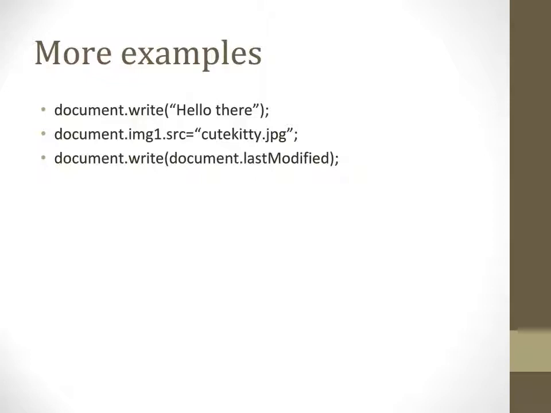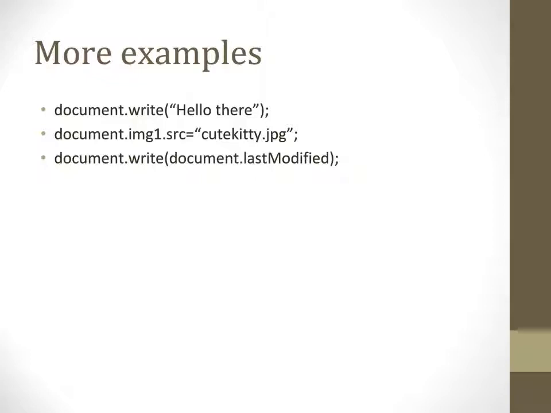Now a lot of times you'll retrieve text and change text programmatically. Very rarely will you write just a statement. So the second example is saying go to the document, find an image named image1, and set the source to cute kitty. Now you're also going, well, why would you want to do this? Come on now, let's just use HTML to write the image source and have it be done. Well, remember we're talking about interactivity.